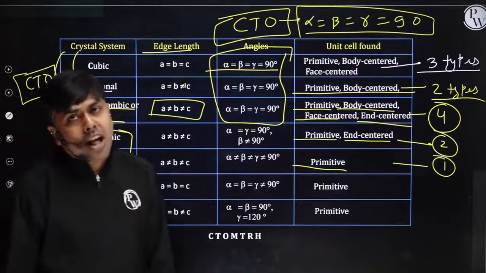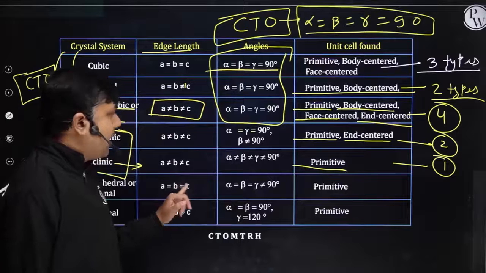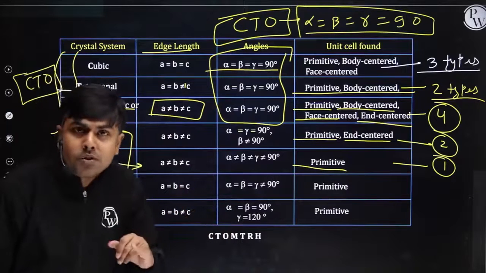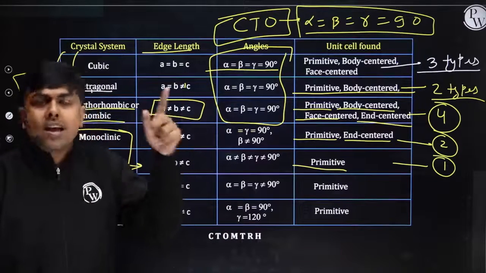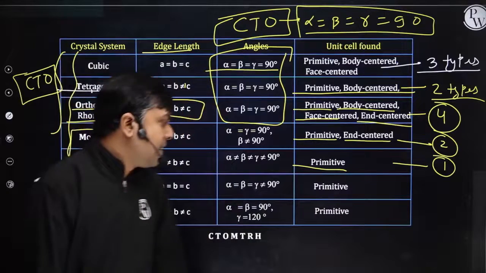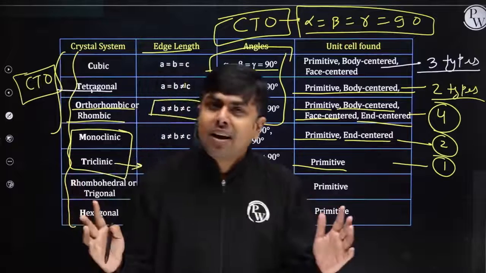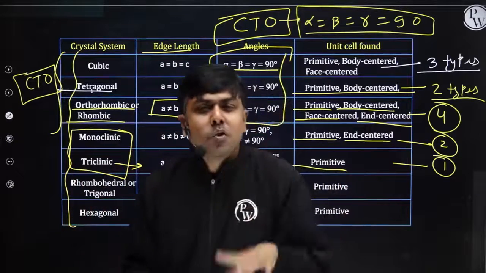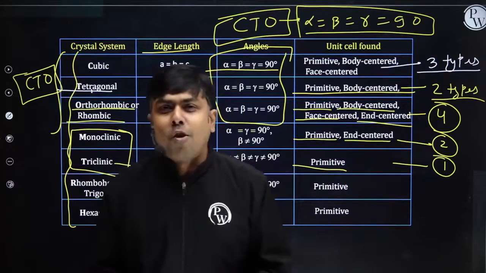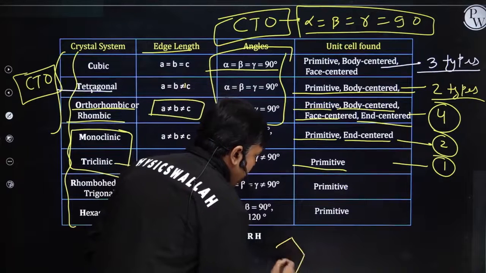Rhombohedral or trigonal. A equals B equals C. If I talk about the angle, alpha equals beta equals gamma, not equal to 90 degrees, just like in the case of a rhombus.